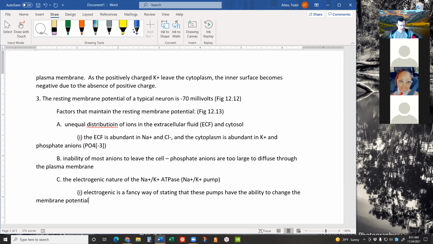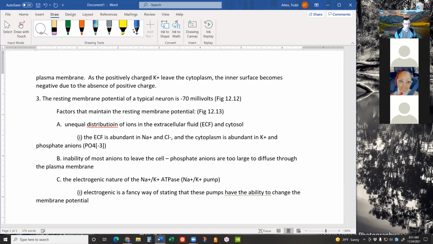That's why the sodium potassium ATPases that you see in figure 12.13 are breaking down a molecule of ATP to power the pumping action to push the ions against the gradient from low to high rather than high to low.